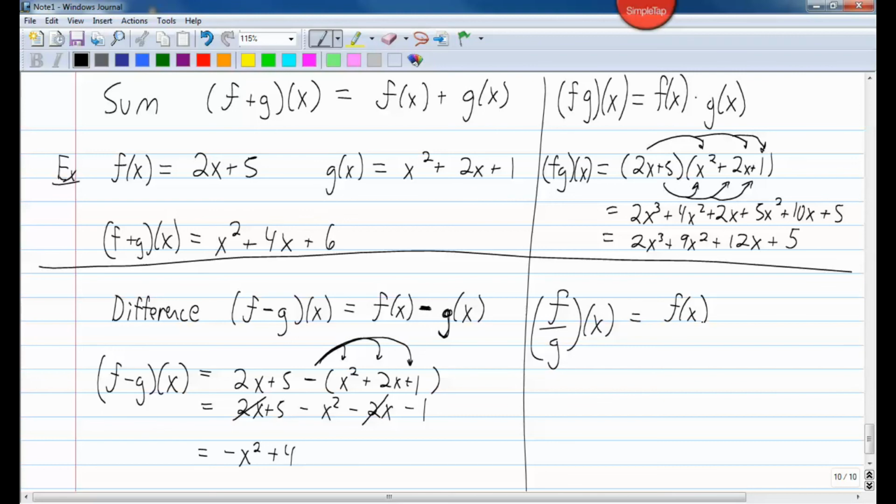That means f of x over g of x. If we did that, we would have 2x plus 5 over x squared plus 2x plus 1.